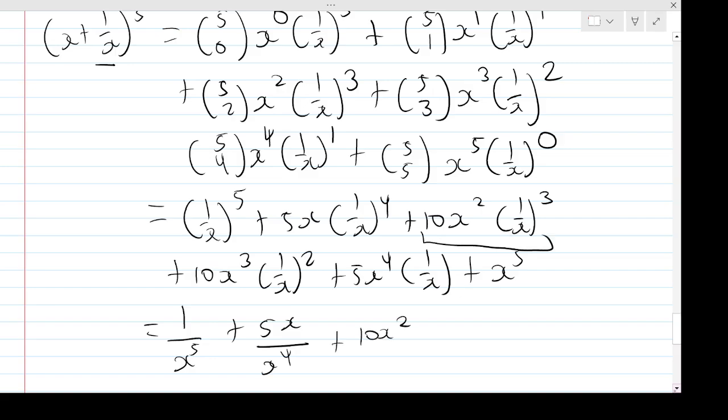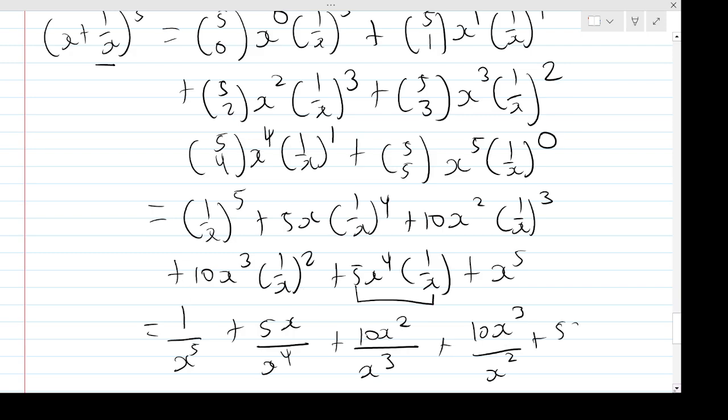Then 1 over x all cubed, well, that's just dividing it by x cubed, essentially, right? Then the next term here is 10x cubed times 1 over x all squared. Well, that's just 10x cubed over x squared, right? And then the last, this term here is 5x to the 4, and then that's just over x. And then lastly, we've got x to the 5.